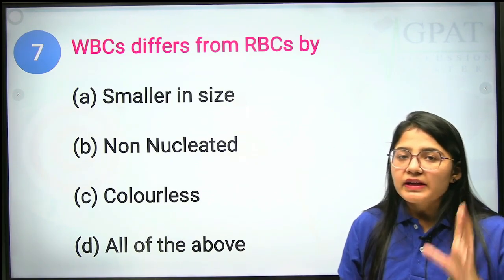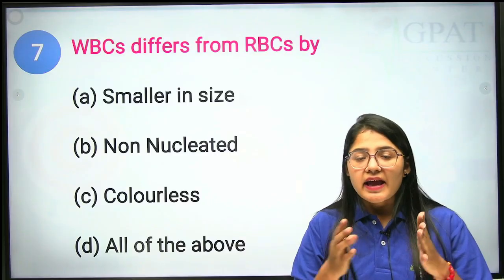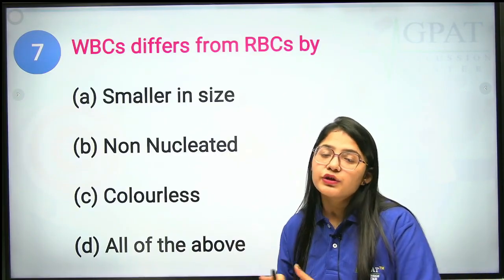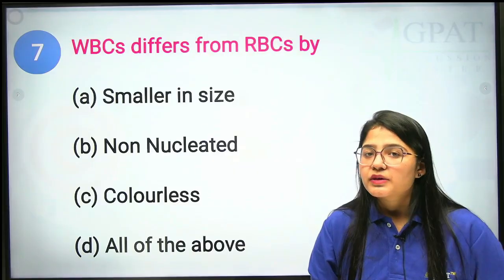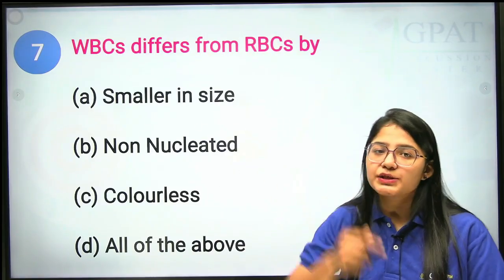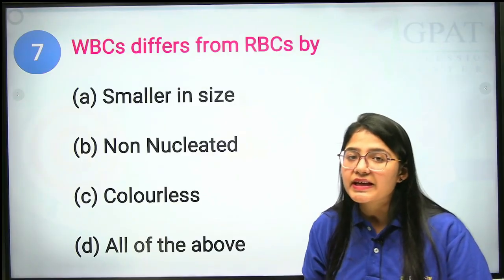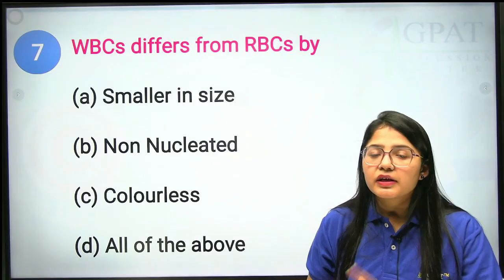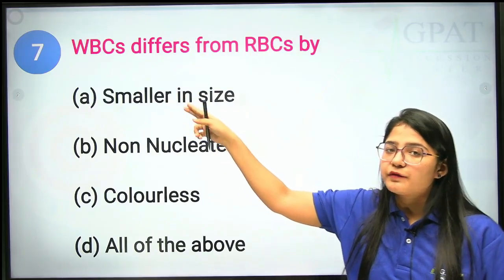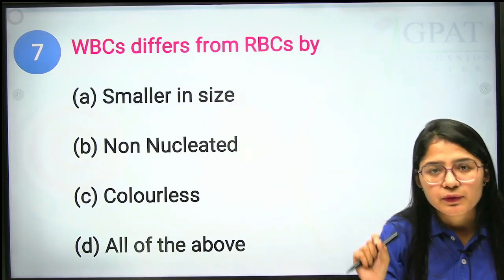But the one thing which should be noted is, as your mature RBC lacks a nucleus, it is not responsible for the detection of genetics. WBC is responsible for the detection of genetics, as it contains a nucleus in its cell. Clear? So this WBC is responsible for your DNA testing procedure.